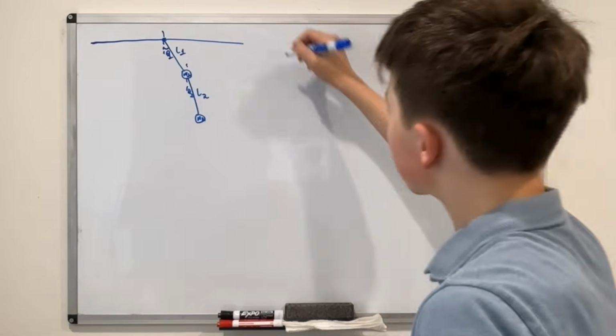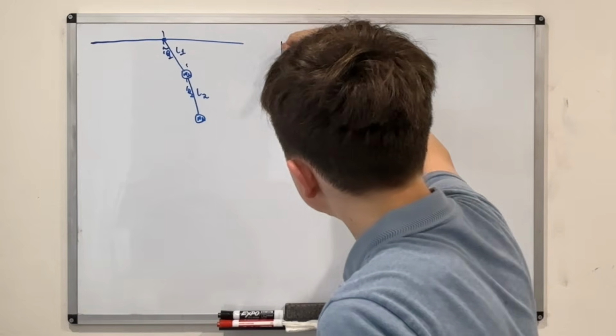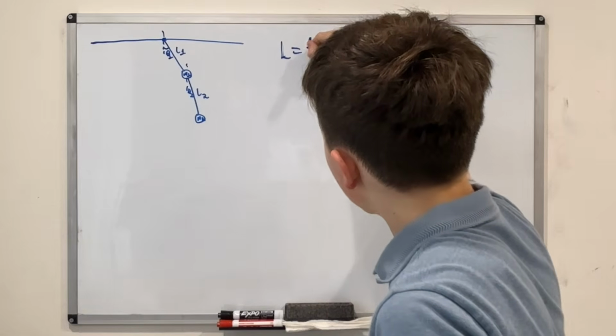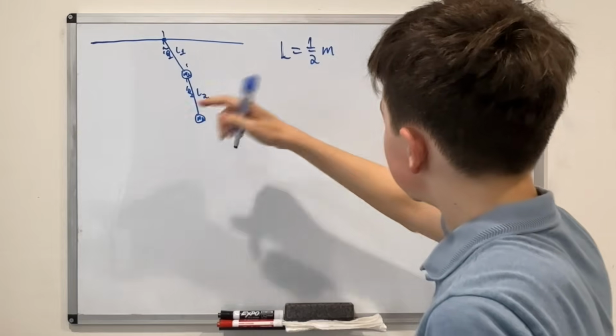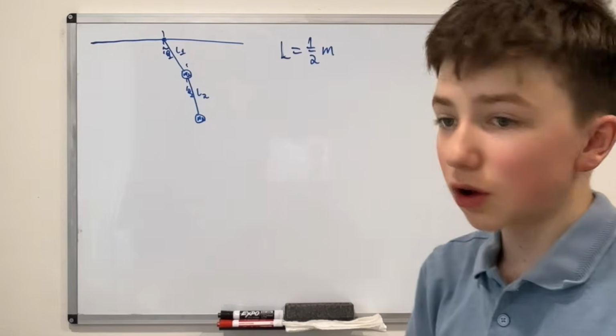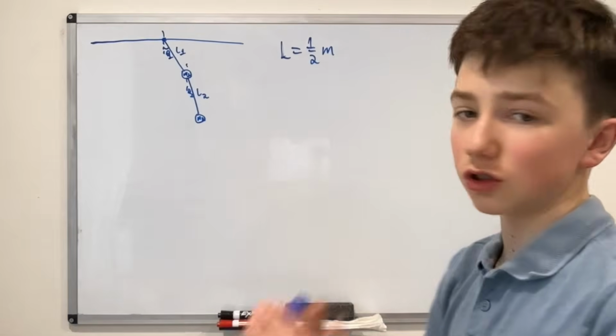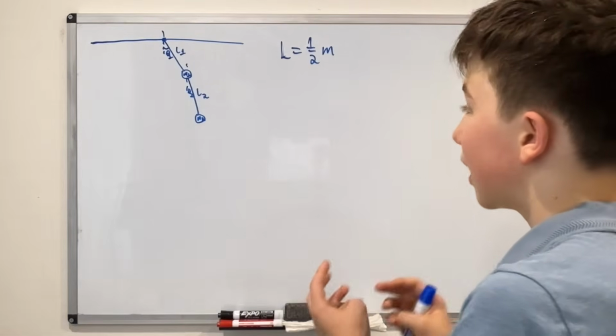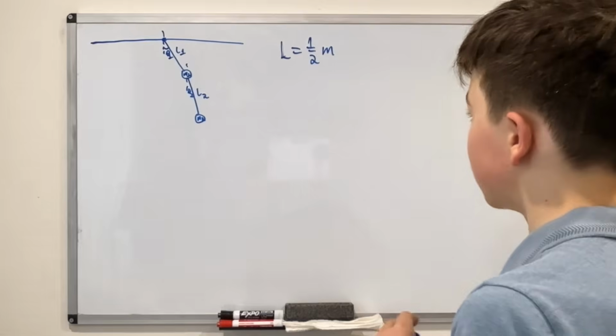Well, we want to first find what the Lagrangian is. And of course, that's 1/2 mass times velocity squared. So here, we're going to have to split it up. We're going to have to add the total kinetic energy and subtract the total potential energy.